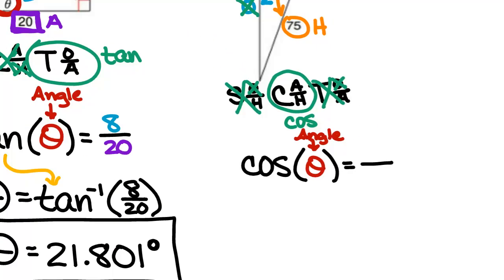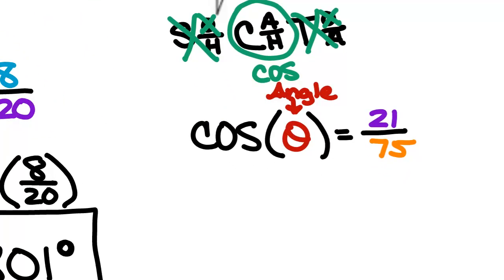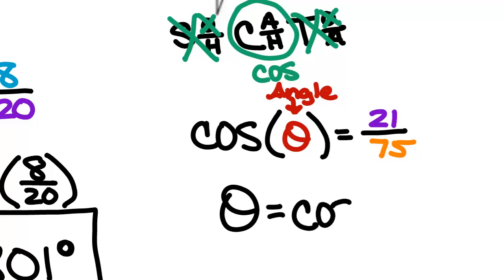How big is the adjacent side? 21 over the hypotenuse? 75. All right, now that I have it set up, I want to get the theta all by itself, which means I need to make that cosine go away. How do I get the cosine to the opposite side? Inverse it. So theta equals inverse cosine, cosine with a little -1, 21 over 75.